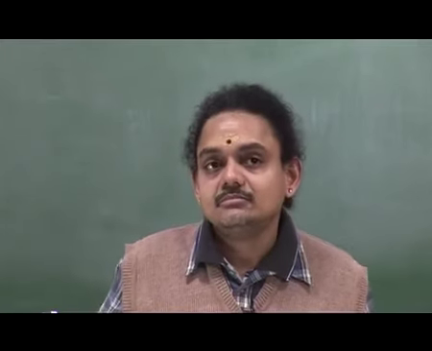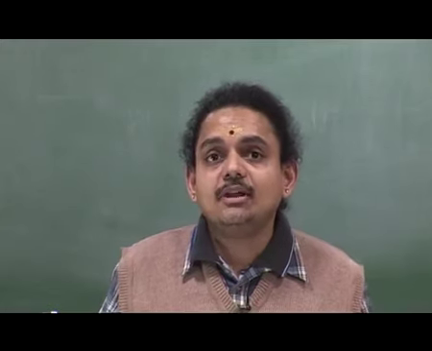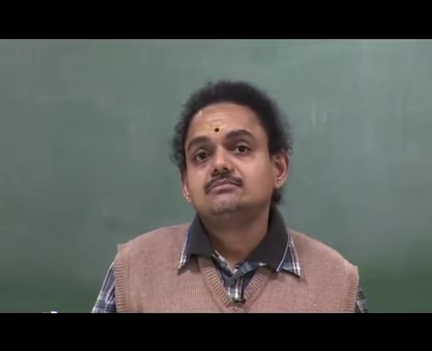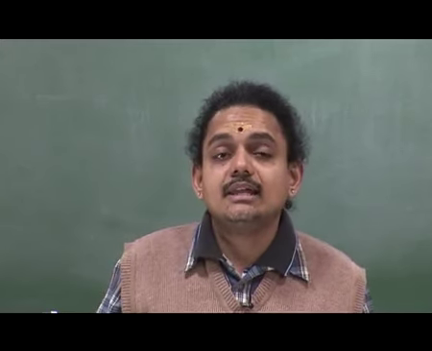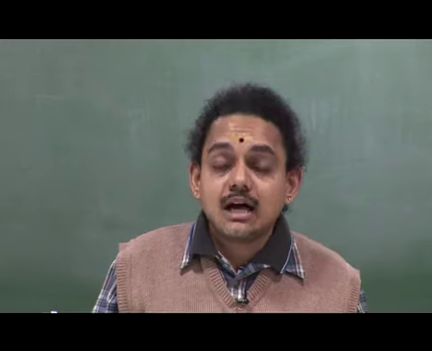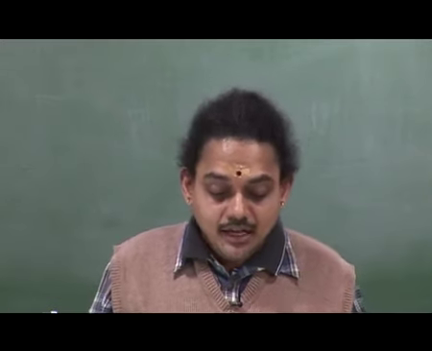Similarly, the third operation, the ith row is replaced by the ith row plus a scalar lambda times the jth row. Now, that is again invertible.